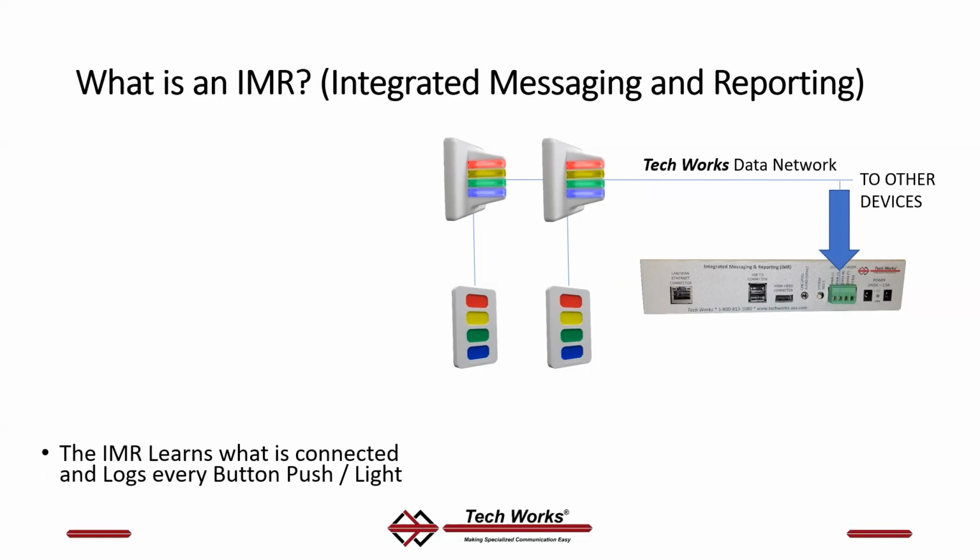The power that is connected to the IMR powers the IMR. It does not power your network. The network needs its own power supply. Whether it's CC2, it needs a power supply. If it's NC series, the control module needs a power supply. They do not share the same power. The IMR needs a dedicated power supply.